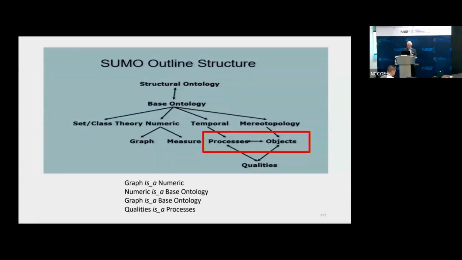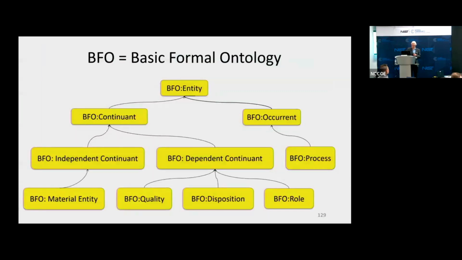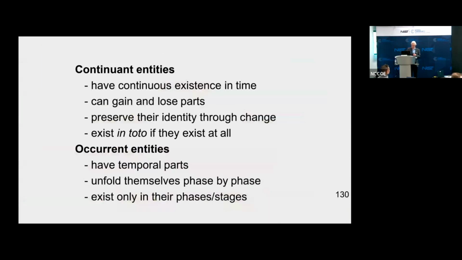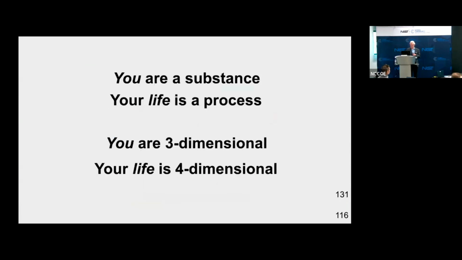So here we have the qualities. So qualities is a processes, I think, and then processes is a temporal. Temporal is a base ontology. So there's something going wrong here. And then BFO, that kind of thing doesn't go wrong. So we know what continuants are, we know what occurrents are. You are a continuant, your life is an occurrent.